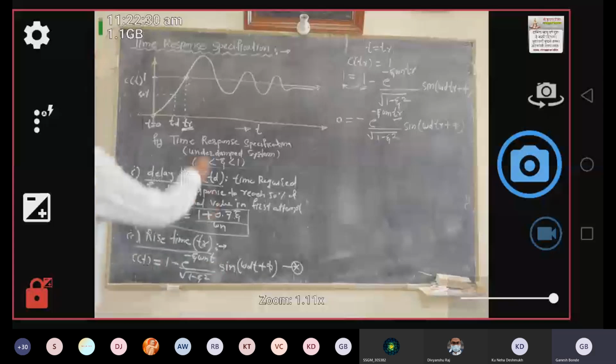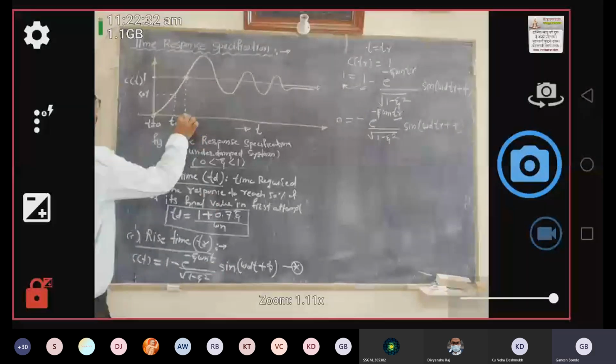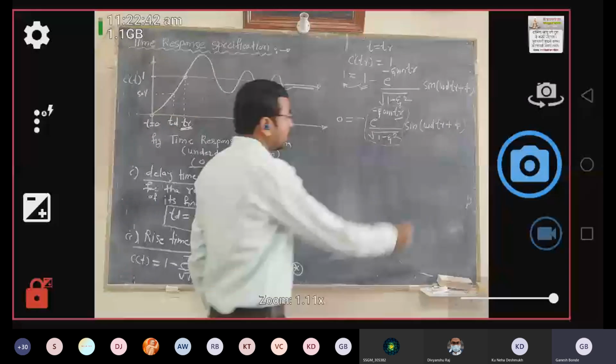So the time corresponding to this TR, when you substitute TR, consists of two terms. Your first term is this exponential term, and the second term is this sinusoidal term.